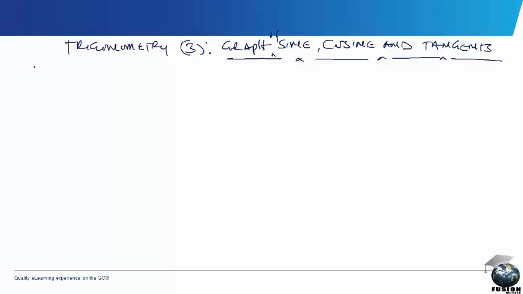We'll be fitting the curve for values ranging from 30 and upwards. The first curve we'll be fitting is the sine graph, or the sine curve.